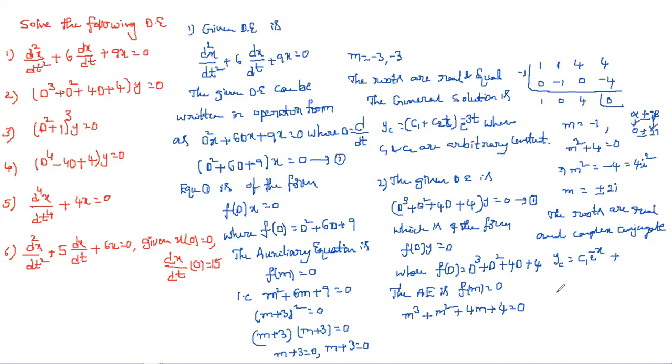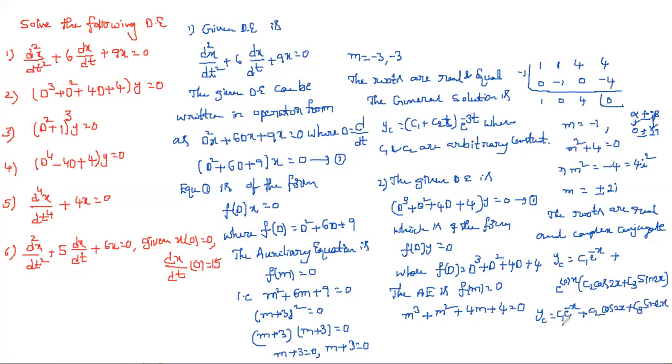In that case, what is the formula? e power alpha x into c2 cos beta x plus c3 sine beta x. Alpha is 0 and beta is 2, so yc is equal to c1 e power minus x, e power 0 is 1, plus c2 cos 2x plus c3 sine 2x.